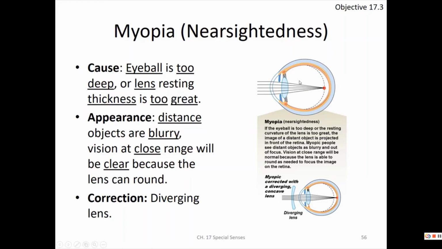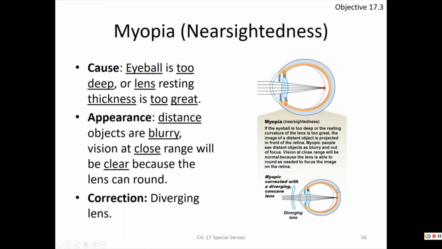Because the lens may be too round. Now, to fix this, we use a lens called a diverging lens. What this lens does, when we put it in front of the eye, is spread the light out. When it hits a lens that bends light too much, or an eyeball that's too deep, it will correct and increase the focal distance for us.